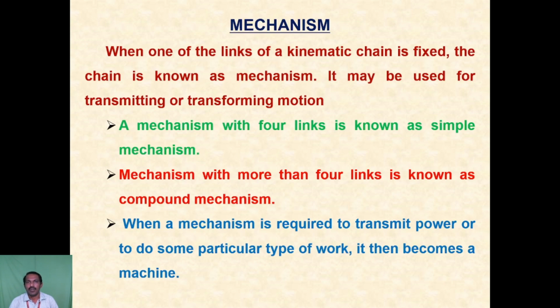For example, if a 4-bar mechanism is there, one link is arrested, and the chain with one link arrested is called a mechanism.